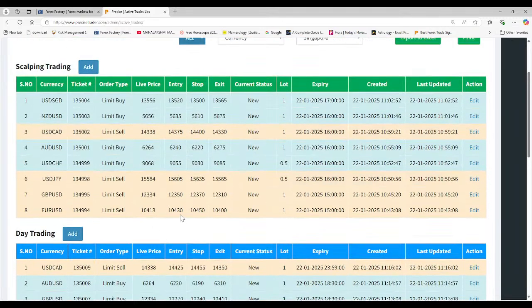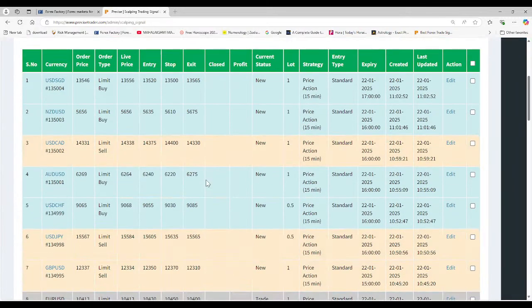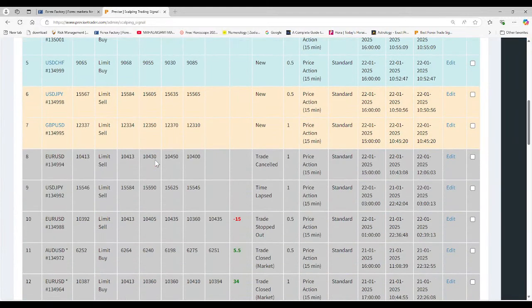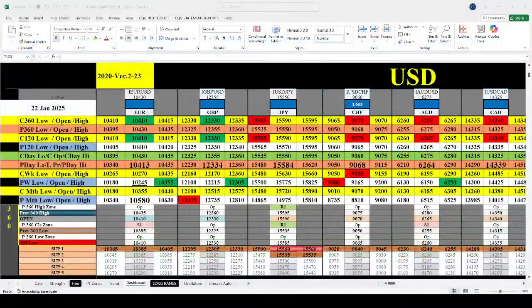The only thing is we are given here 430, so we may want to cancel or reduce it, because we don't want to put in this counter trend, so maybe we'll cancel it. Since we are already having a trade, let's let that be and let it work. Let's move on to the next currency.